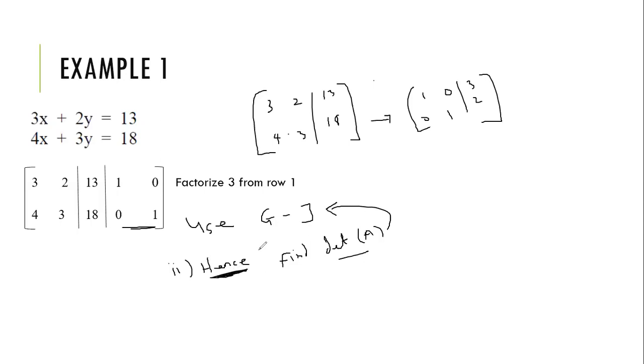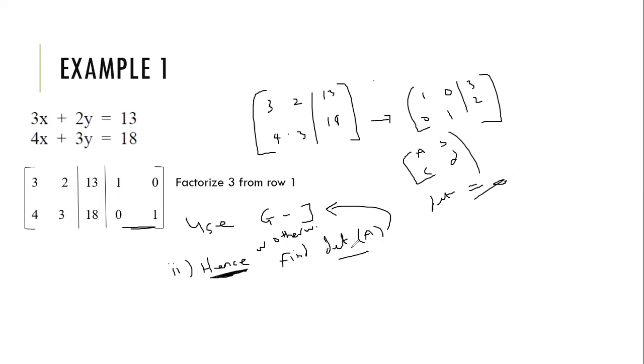But if I write hence or otherwise, meaning that you can use the general method of finding the determinant. So for a 2 by 2 matrix, you know how to find the determinant of A. If we have A, B, C, D, that would be AD minus BC, then you can use that approach.